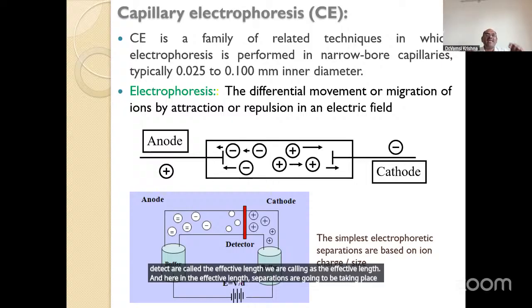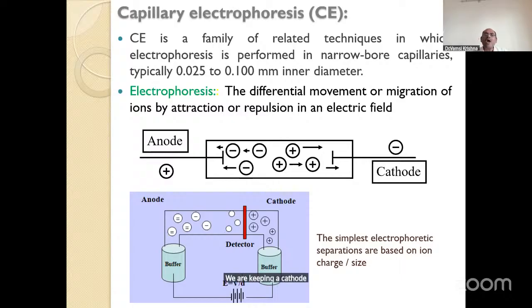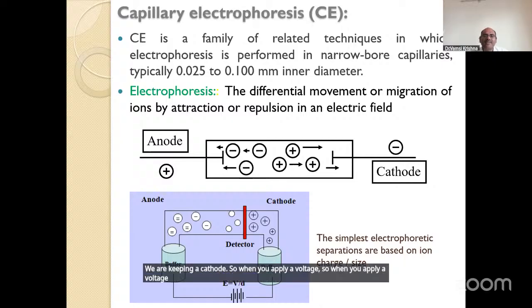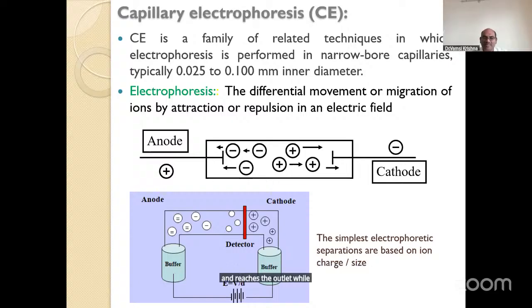In the case of the inlet vial, we are keeping the anode, and in the case of the outlet vial, we are keeping the cathode. So when you apply a voltage to this, in the electric field, cations will move towards the cathode. So whatever positively charged ions are there, those pass through the detector and reach the outlet vial, and our peak is going to be detected.